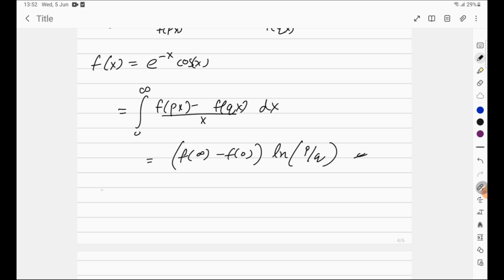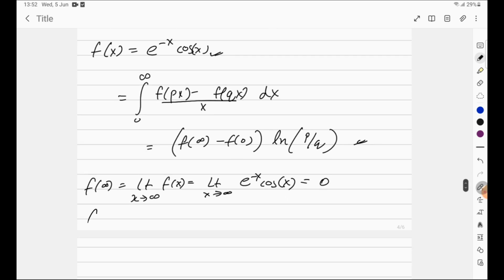And since e raised to the power minus x cos x is a continuous and differentiable function, f at infinity is the limit at infinity of f of x. So e to the power minus x goes to 0 and cos x oscillates, so I'll get 0.